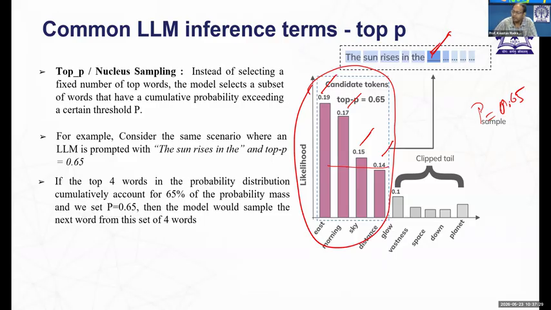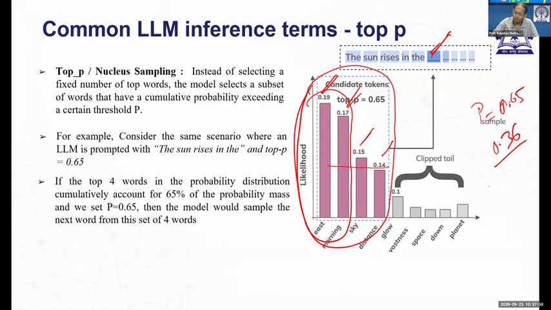Now, if I would like to be very decisive or fixed, in that case I can reduce this number. If I just keep 0.36, what will happen? You can easily guess, 0.19 and 0.17, that means 0.36. So in that case, your candidate set will be east and morning. The rest of the part will be your clipped part.